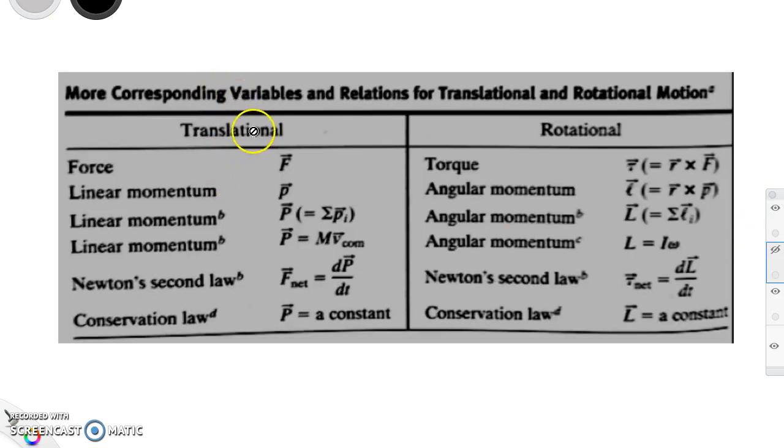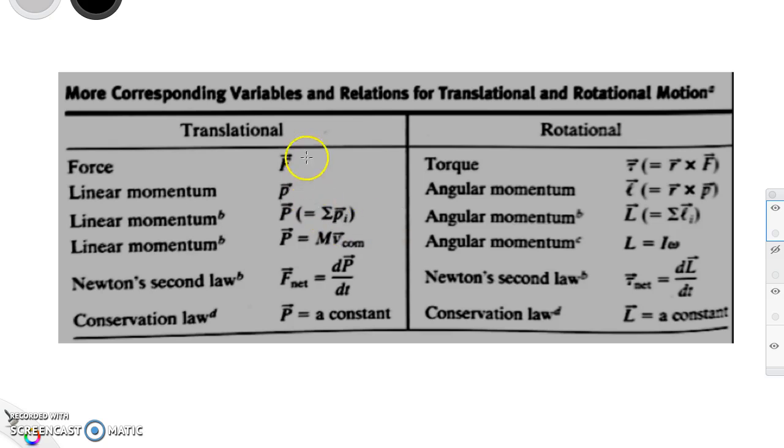So let's go ahead and look at a little summary. You may have seen this in your book, but it summarizes all the rotational analogs we've seen so far. Force and torque are similar. Torque is like the rotational version of force. Angular momentum is the angular version of linear momentum. We can find the linear momentum of a system or of a rigid object by adding up the momentum of all the pieces.